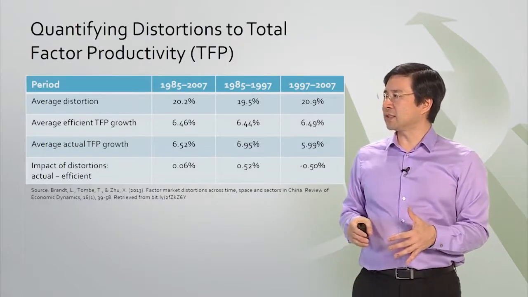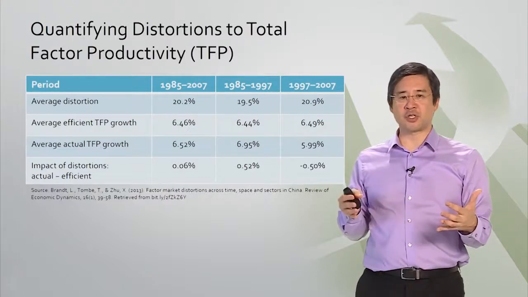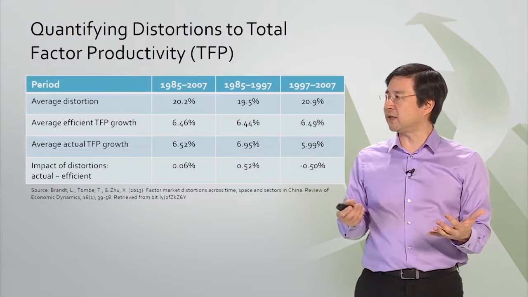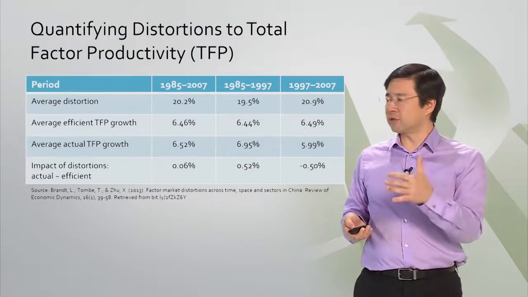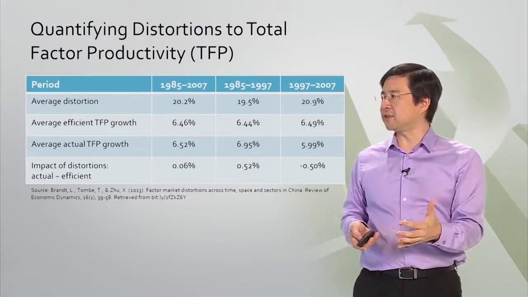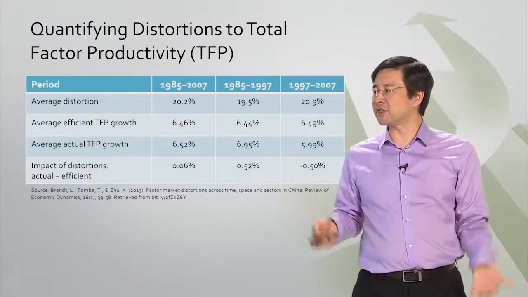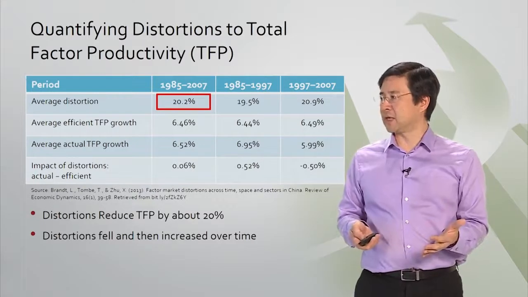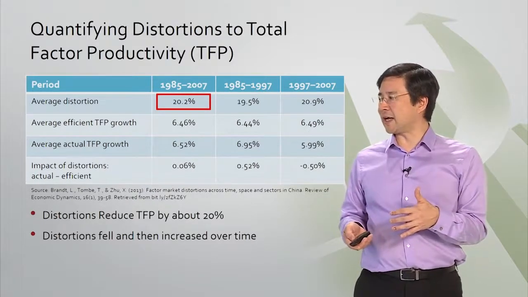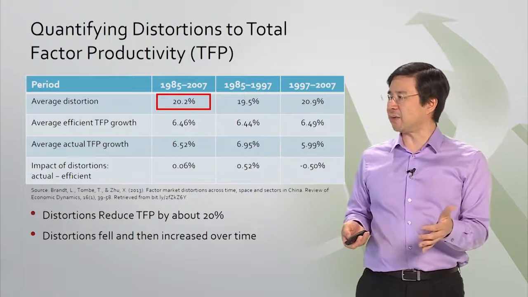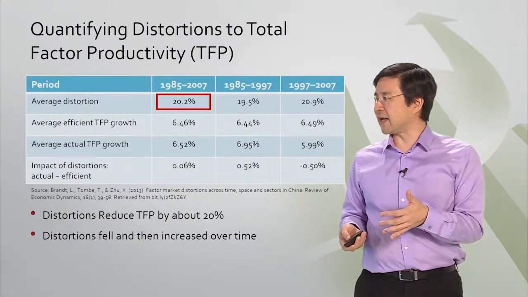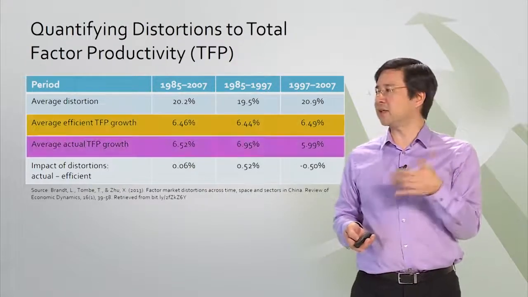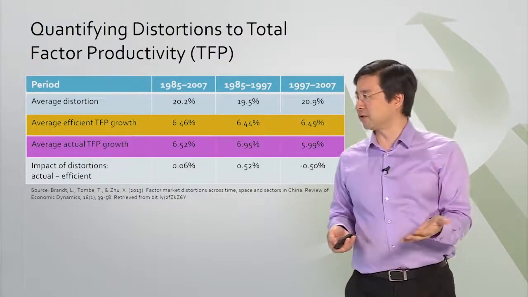If we look at the extent of the distortions as a percent of the total factor productivity in the economy, we find that over the total period studied here, 1985 to 2007, the average distortion of TFP is about 20%. If we also look at how the distortions are changing over time, we can see that there's this difference between the average efficient TFP growth and the average actual TFP growth.